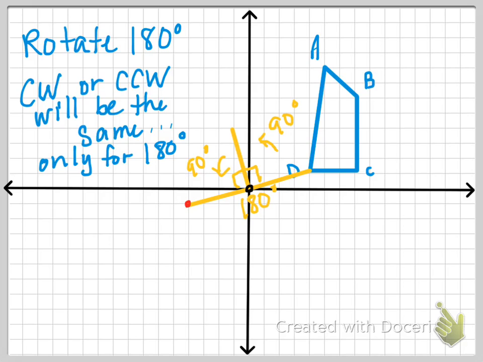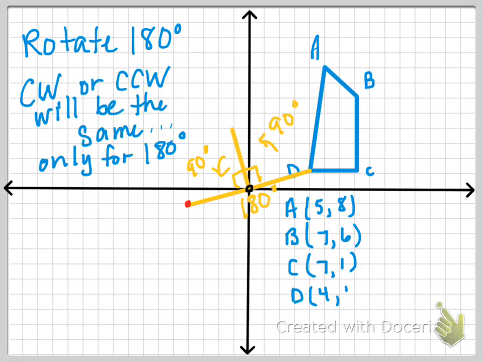So you know how to rotate something 90 degrees, and if you rotate another 90 degrees, that gives you the 180. And again, the center of rotation is the origin, so you can see that the 180-degree line goes right through the origin to create the new point D, D prime.